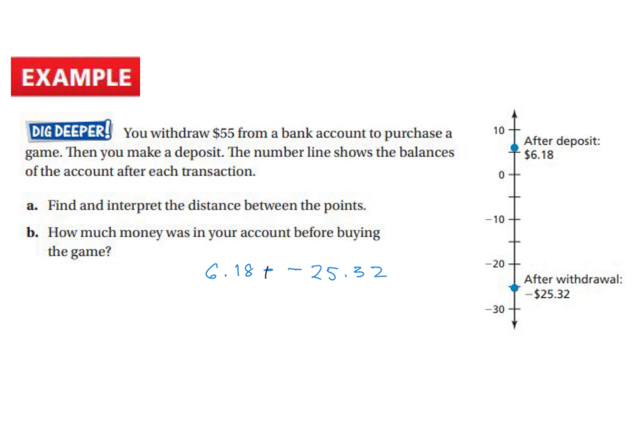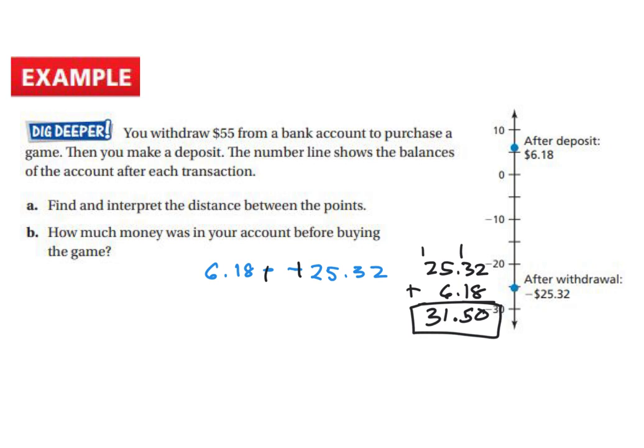Turning it into an addition problem, we're going to chop and do 25.32 plus 6.18. And we get 31.50 as the distance between the 2 points.